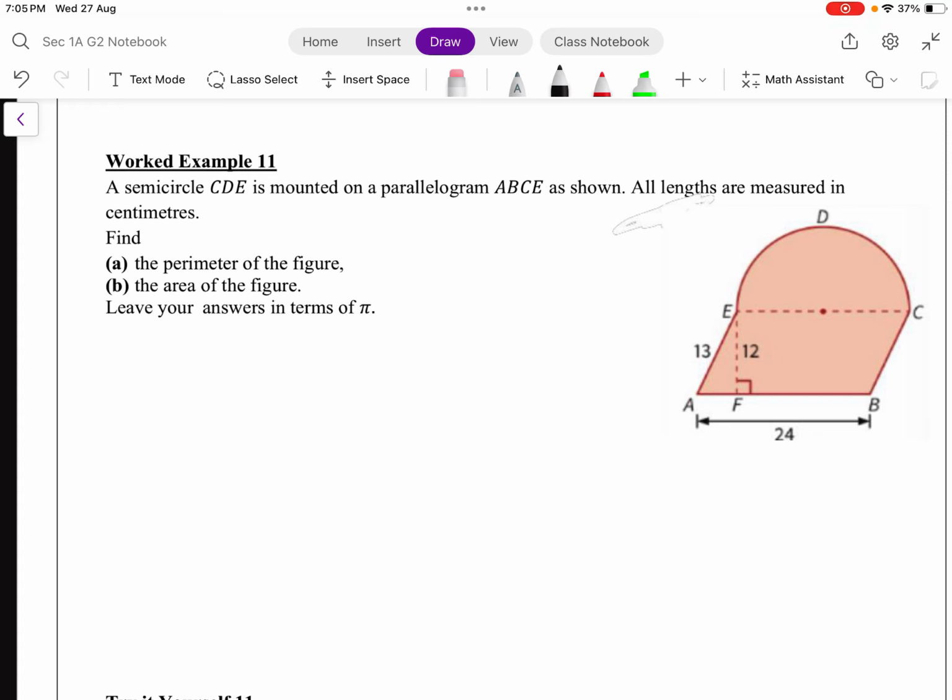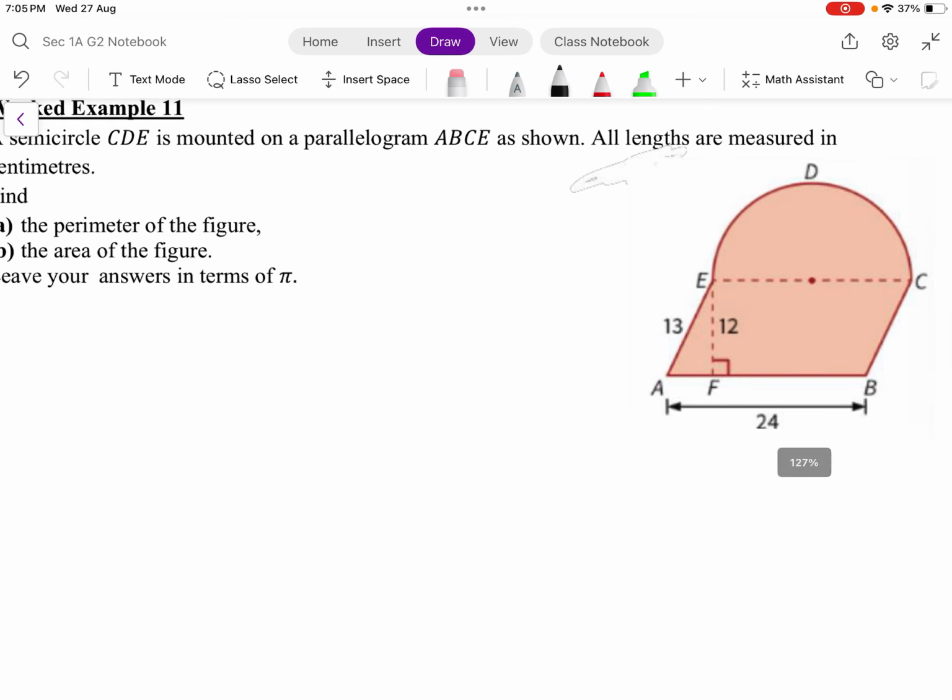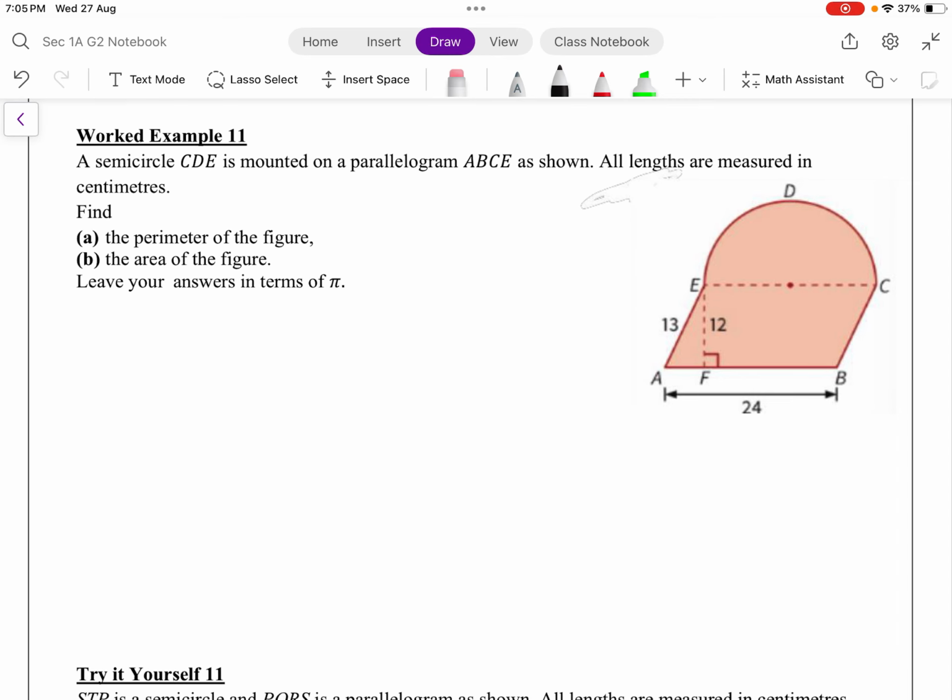A semicircle CDE is mounted on a parallelogram. All lengths are measured in centimeters. Find the perimeter of the figure. Before we do this one, we know that this is a parallelogram, so this length and this length are the same, 13, 13, 24. Now the only issue we have here would be this circumference.